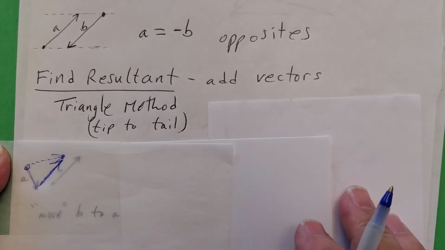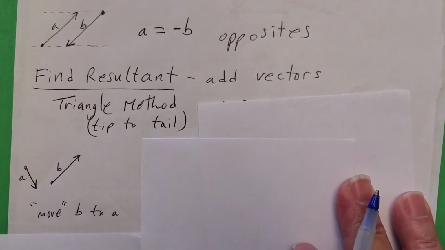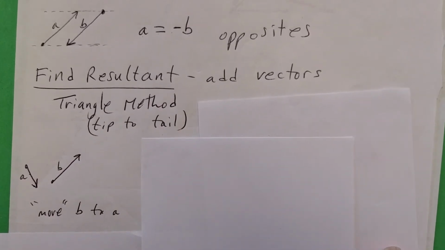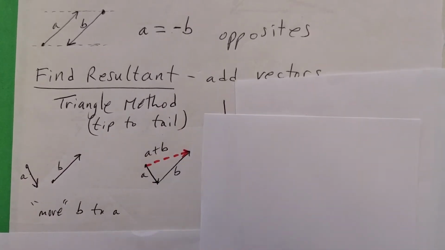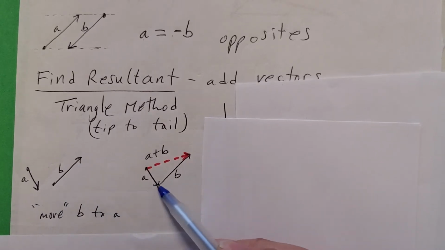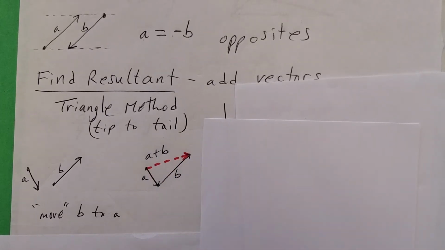Okay, so how are we going to do that if they're drawn on paper? How do you actually move it? Well, you redraw them. So here's A. I drew A. And then B, I redrew it so it touches A, tip to tail, right?